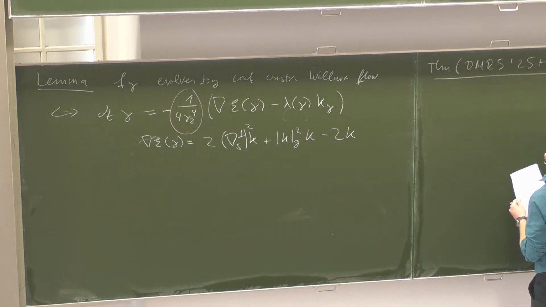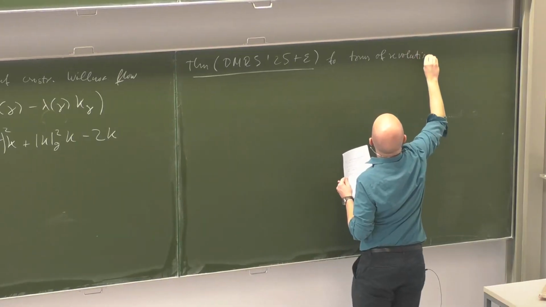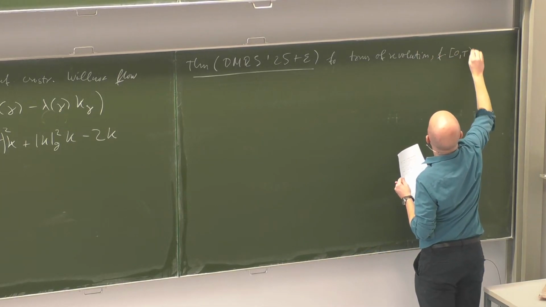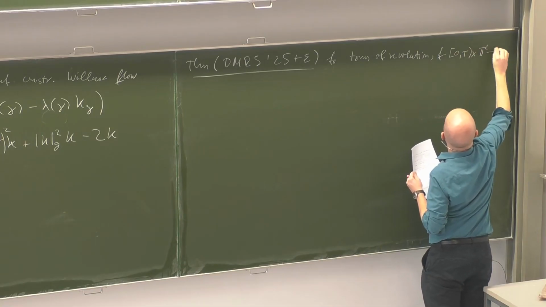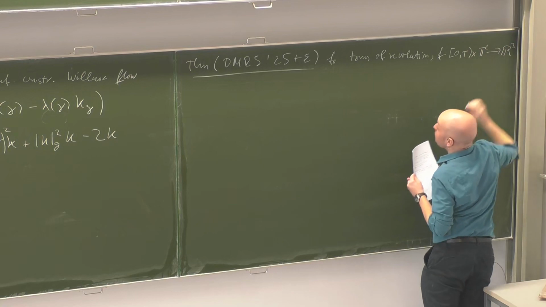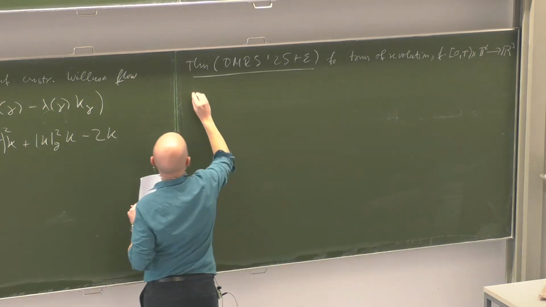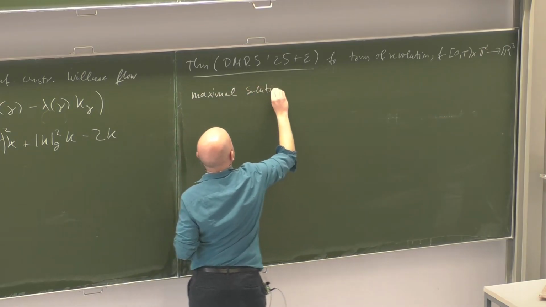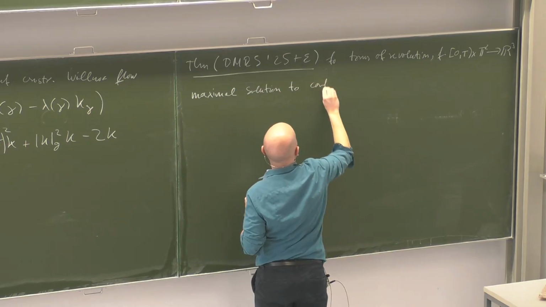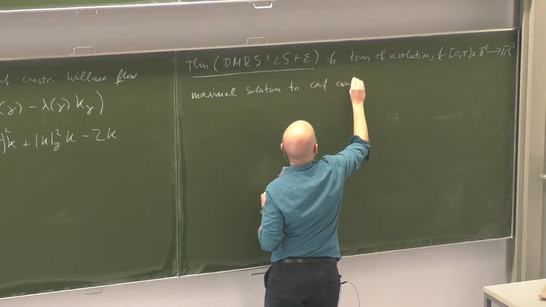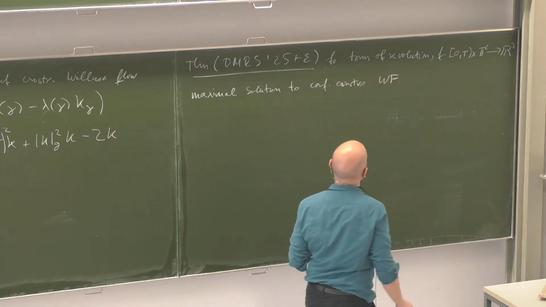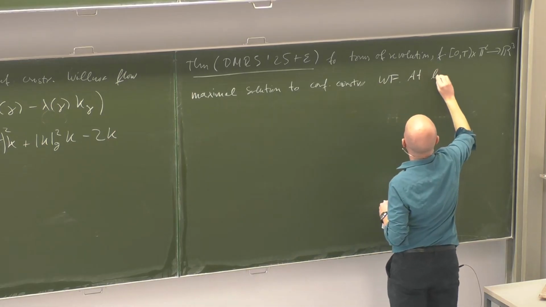If we have a torus of revolution, and we take the maximal evolution by the conformally constrained Willmore flow, then we have at least one of the following.